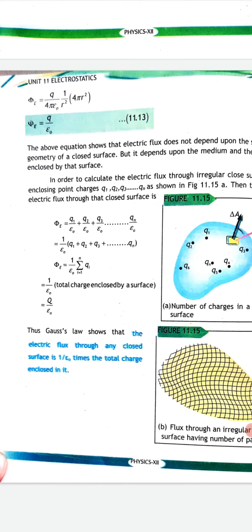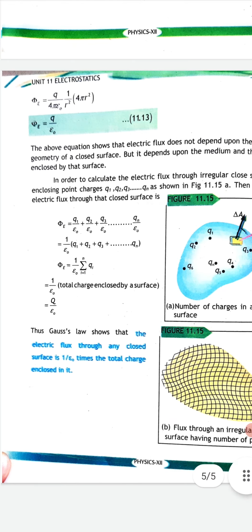Therefore, Gauss law is used to solve some practical problems. If you would like to find the electric field intensity due to various distributions of charges, that can be solved on the basis of Gauss law easily as compared to Coulomb's law, right.